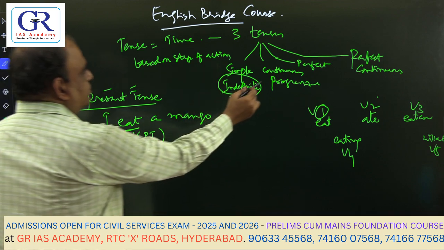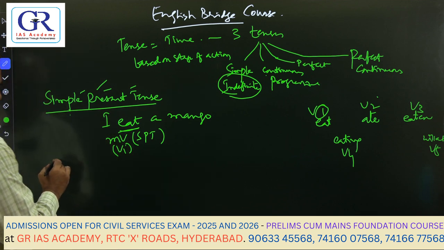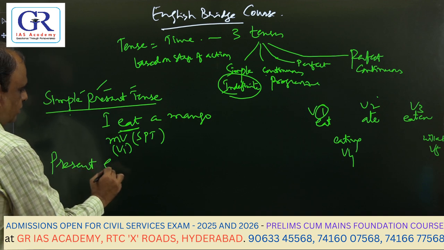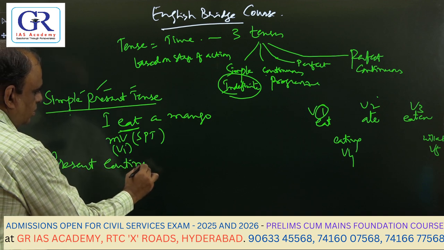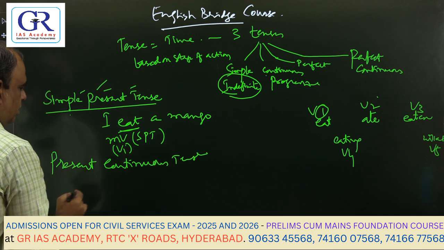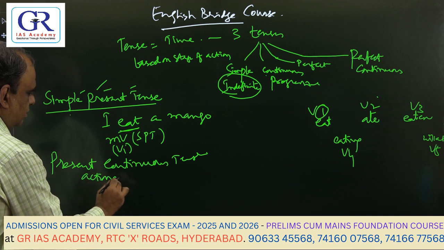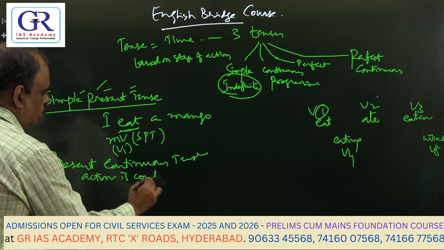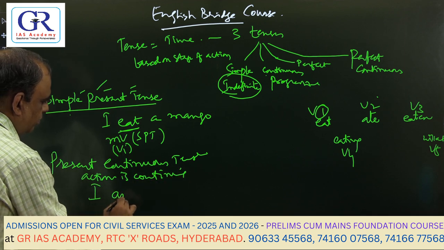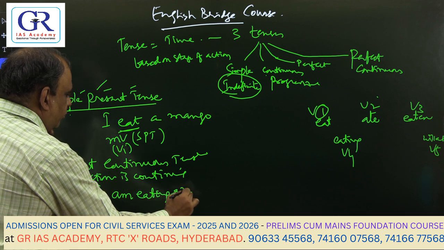Now I am going to the second. In the present time only, the work is continuing. So I will say present continuous tense. Here what is happening? The action is continuing. So what will I write? I am eating a mango.